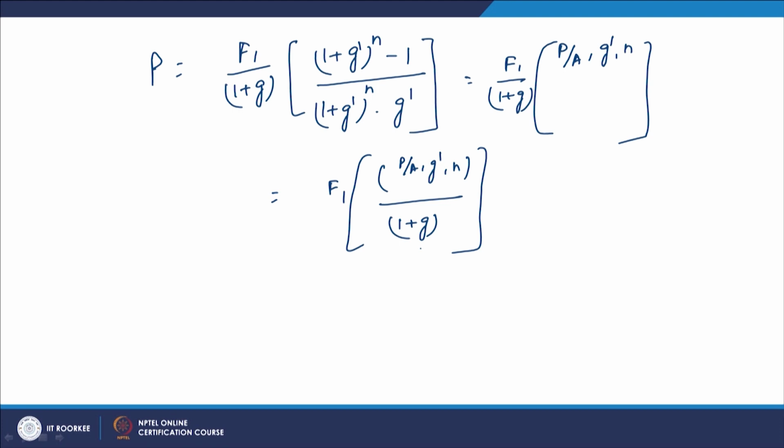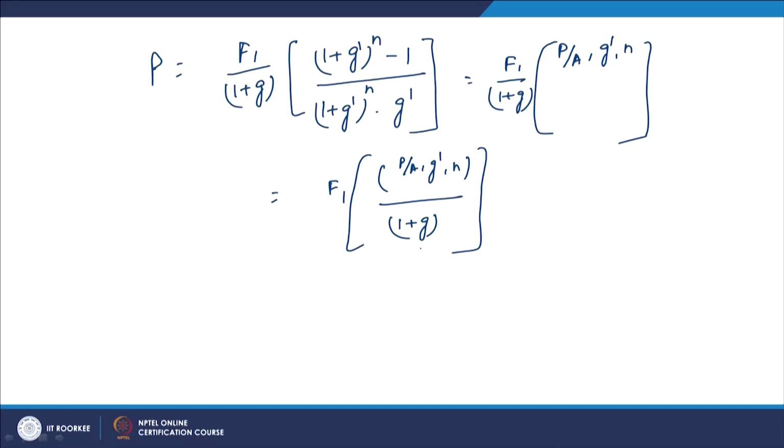So that way we can calculate any value which is required further. So, that is how we calculate, and we will have to calculate first the g prime, and then once we get the g prime, then we will have to calculate the factor, and that factor multiplied by f1 and divided by 1 plus g.